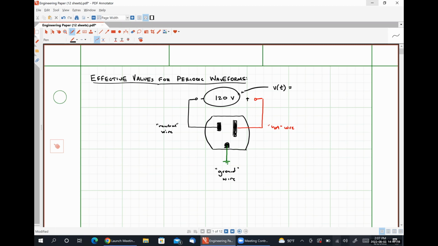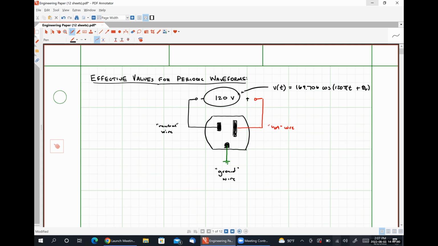V of t is equal to 169.706 cosine of 120 pi t plus some phase angle theta v that depends on really when we start making our measurement.